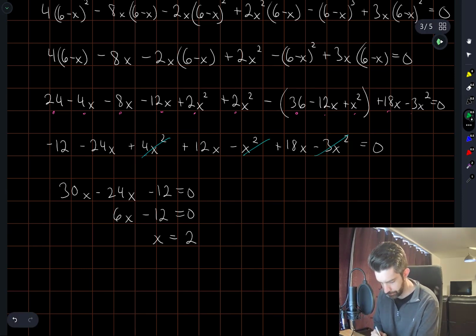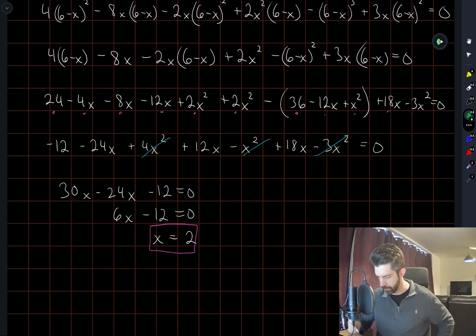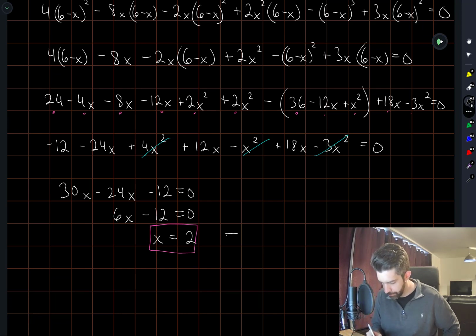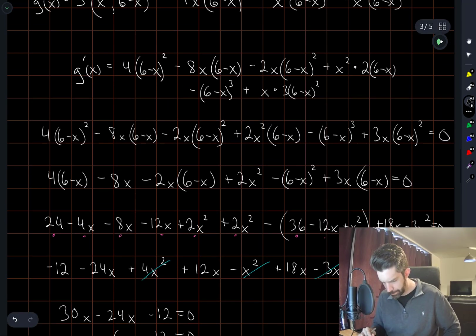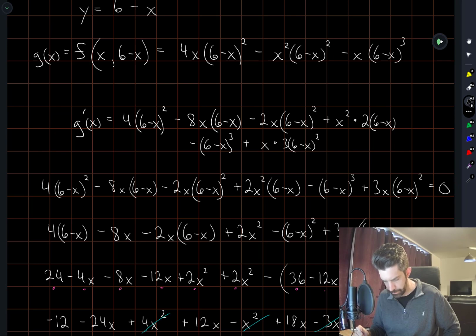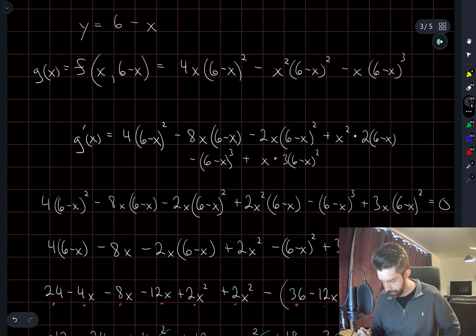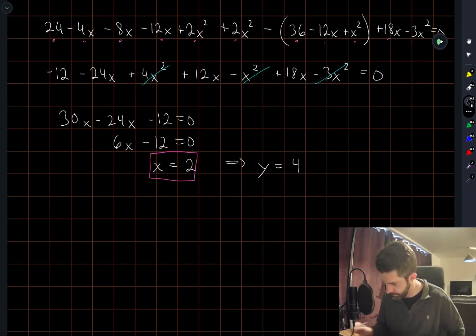All right, and so our function along the diagonal line segment has a critical point when x is equal to 2. So x is equal to 2 implies that y is equal to 4. Do we have a minimum or a maximum value there? Well, let's just substitute in and see what the value of the function is.